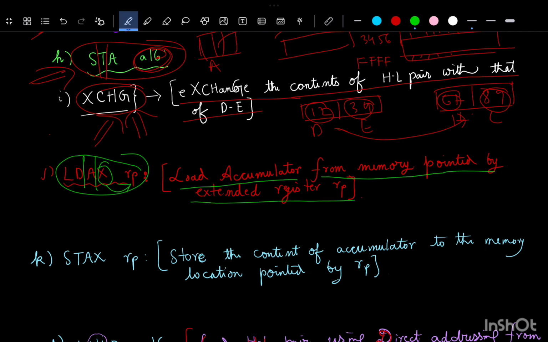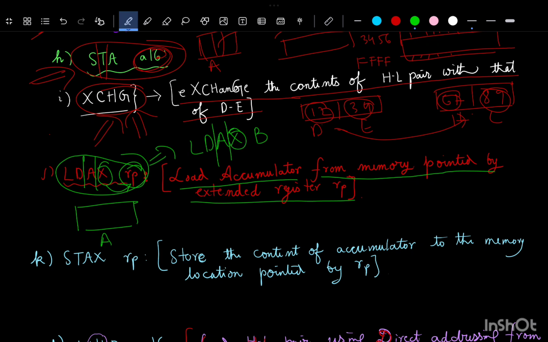So we have the accumulator and we have a register pair which is given in the instruction. So for example, let's take LDAX B. So what does this say?